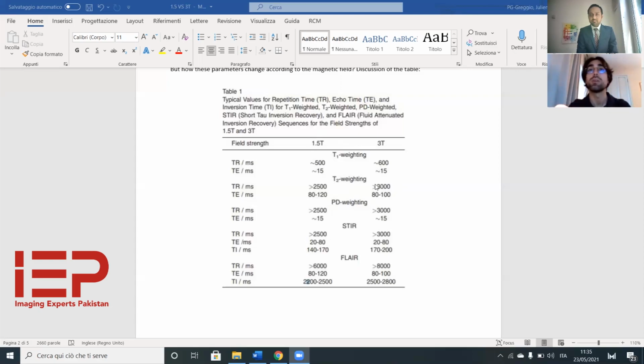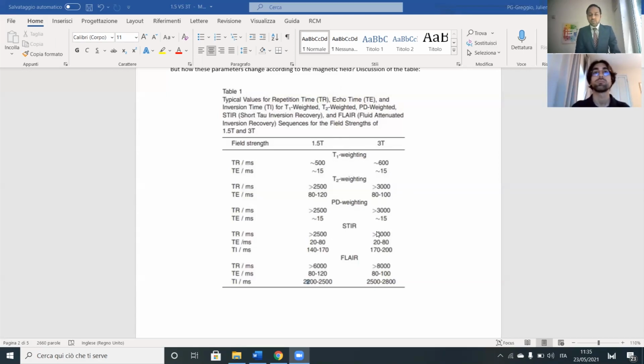I would recommend considering these average parameters and using concatenations to achieve the standards. Because we don't want, especially for T1, to approach a weighting close to proton density. As we can see, they have the same TE. So it's really important to avoid a more proton density weighting and to maintain these parameters, also using, as I was saying, concatenation.